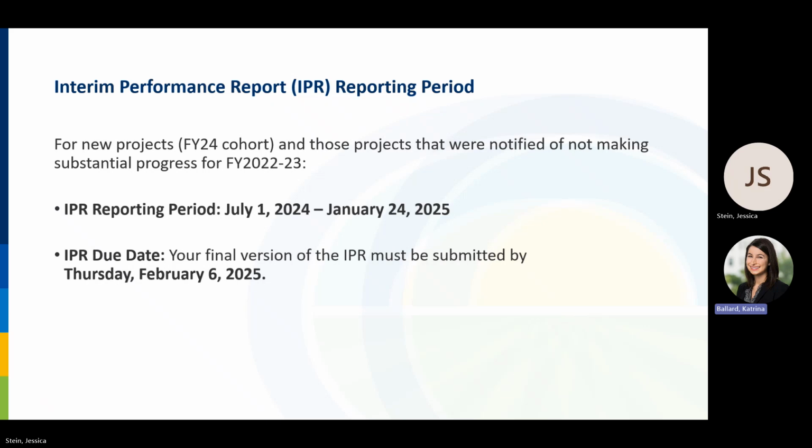The reporting period is a 7-month period from July 1, 2024 to January 24th, 2025. More details will be available in the coming months, so please make sure you're receiving listserv messages. And if you're not receiving those messages, please let your program officer, Dylan or Jessica, know.